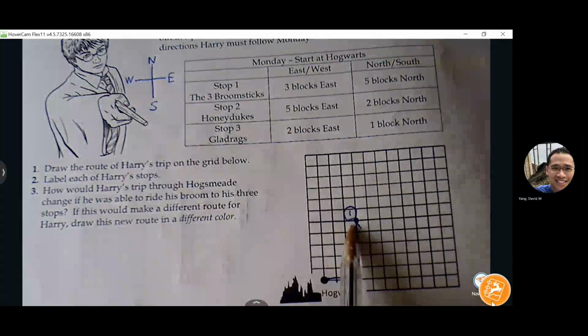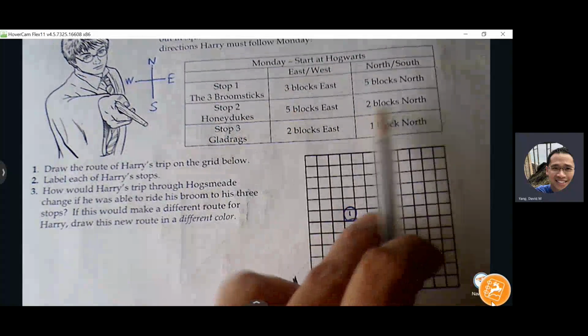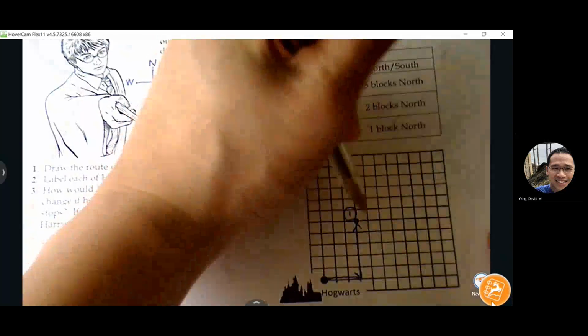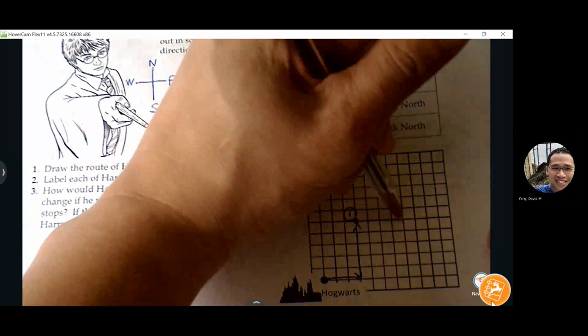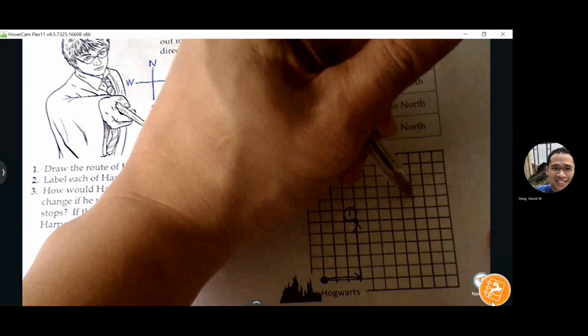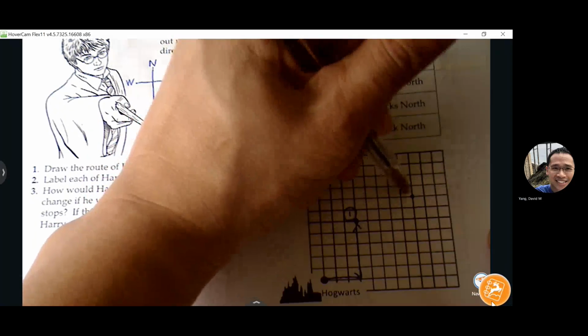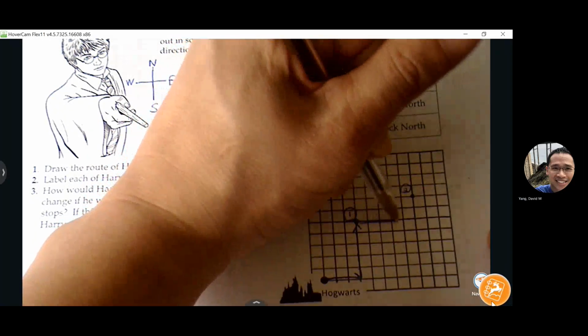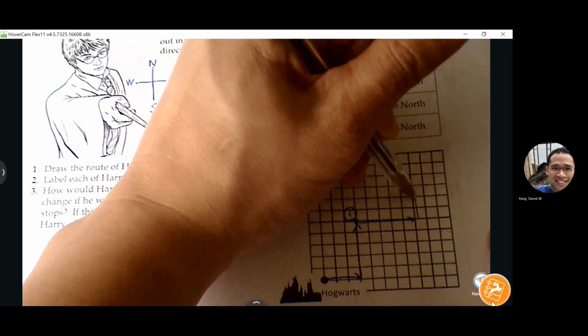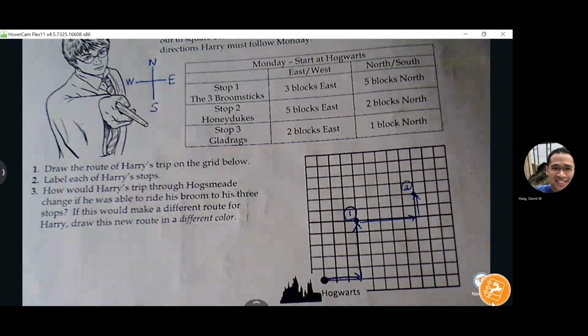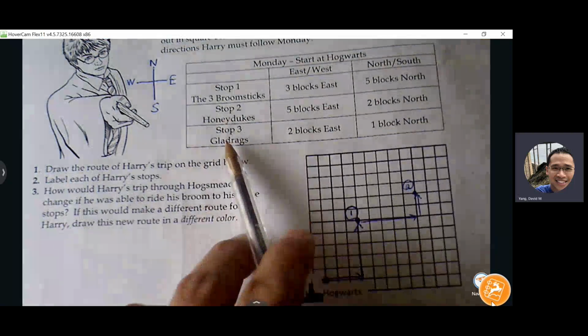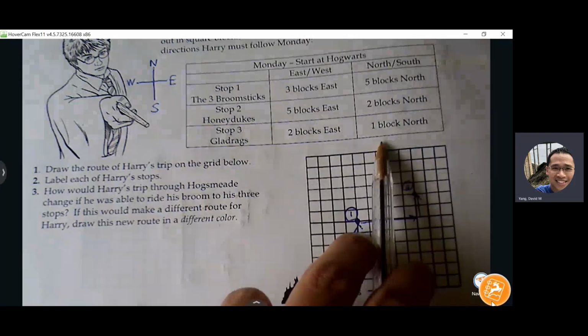Stop 2. From here, we're going to go 5 blocks east, 2 blocks north. And then from stop 2 to stop 3, 2 blocks east, 1 block north.